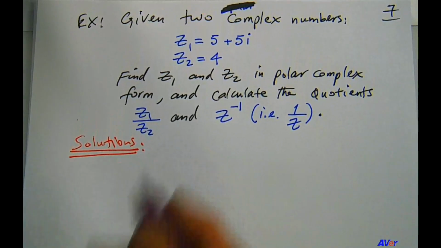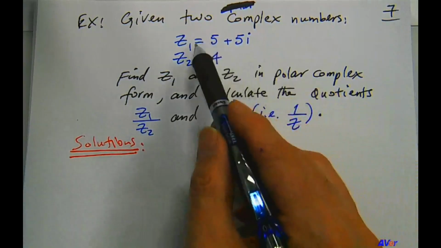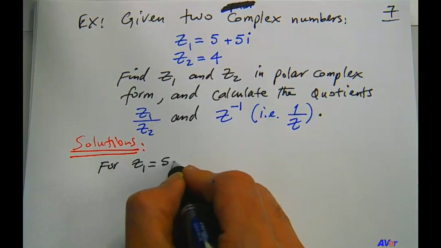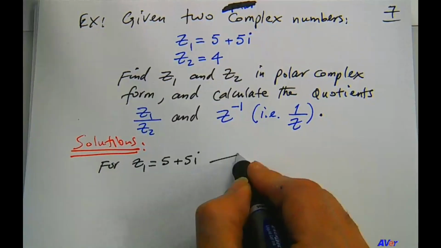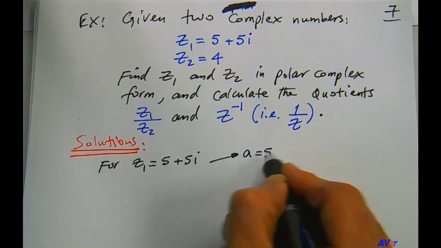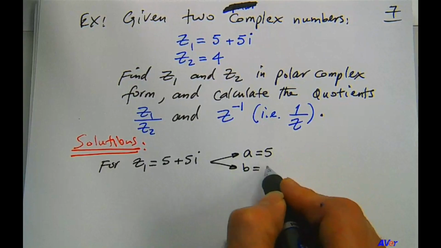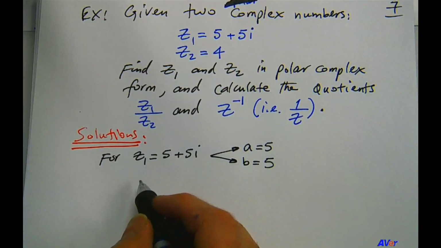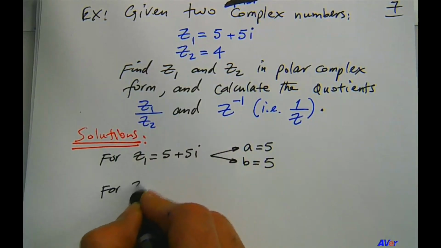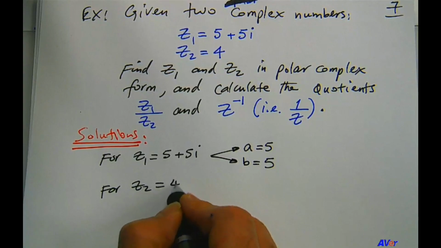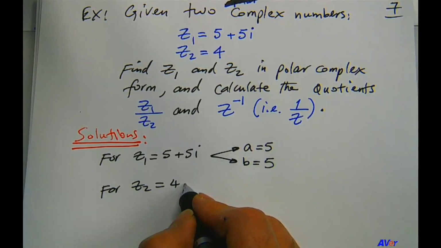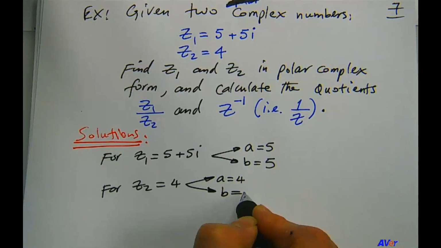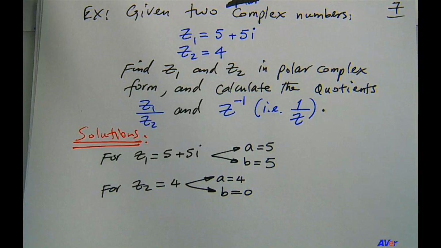So what do we have for z1? For z1 equals 5 plus 5i, we know that a is equal to 5 and b is equal to 5 as well, right? For z2 equals 4, there is no b, so a is equal to 4, and b we can say is equal to 0.